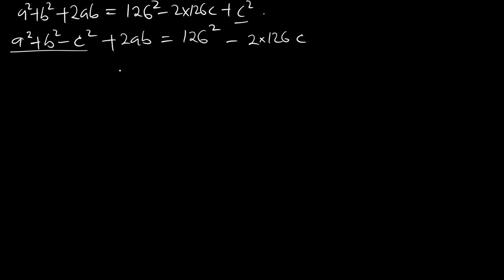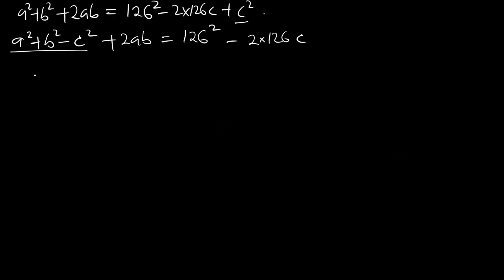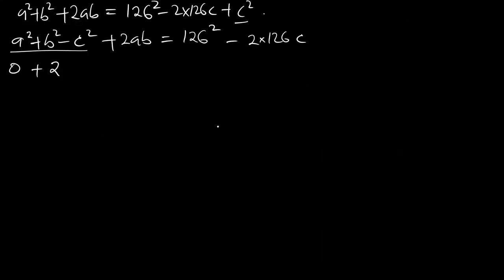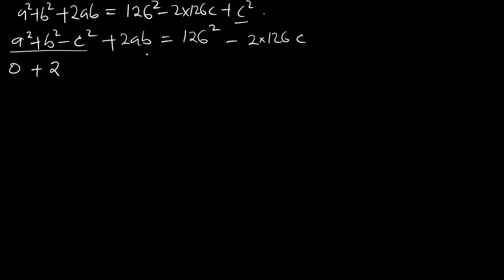Now the whole of this, according to equation 1, is 0. So we have 0 plus 2AB. Now we have AB to be 1,260. Whenever we see AB, we substitute 1,260. So we substitute AB as 1,260 here.